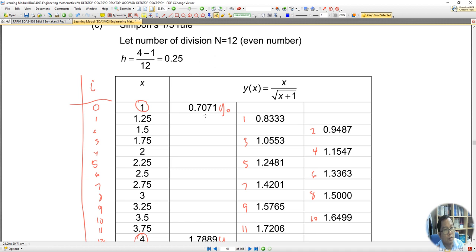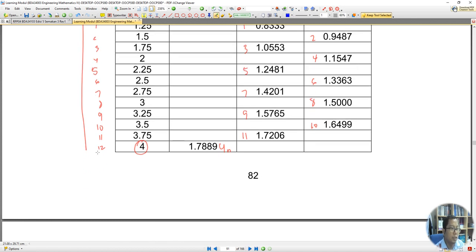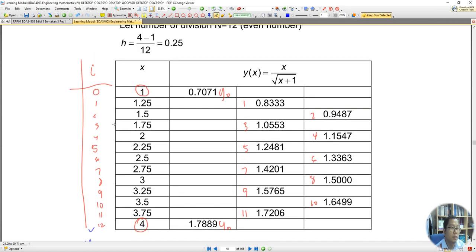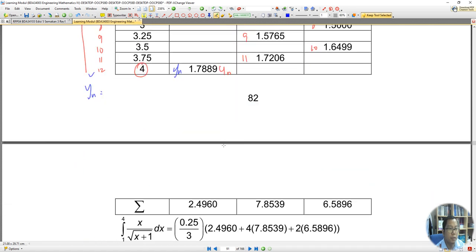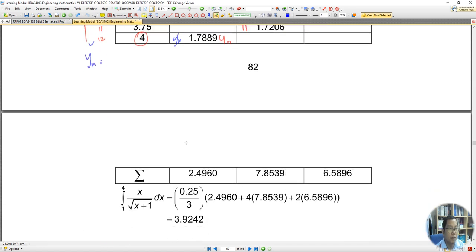the difference is the column. Again you put i, start from 0, and the iteration is up to 12. yn is 12. The step size is 0.25, and this one is y0, and this one is yn. The odd and even numbers you have to differentiate, because they have different multiplication numbers.